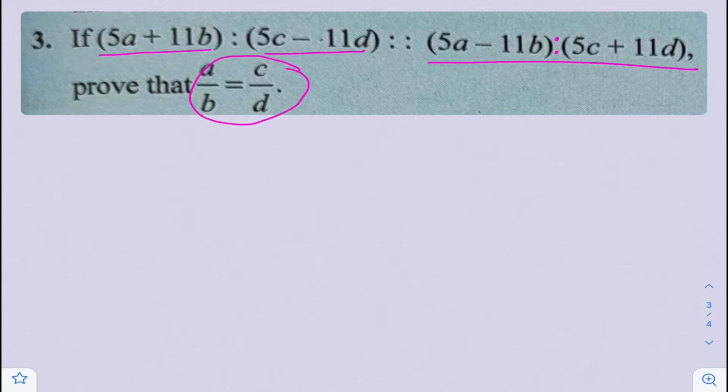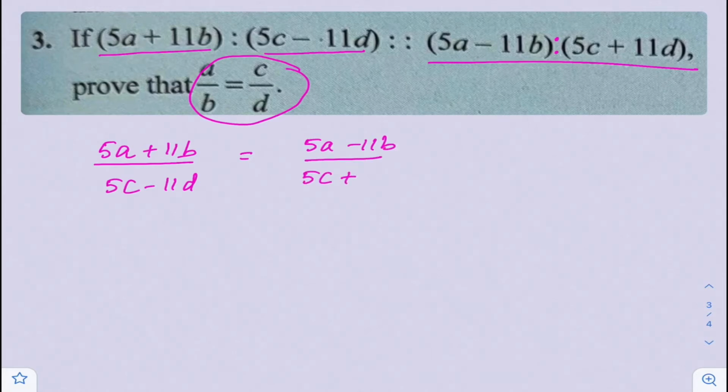So we are going to apply the same rule, that is componendo and dividendo. First of all, write the question. This is given to us: 5c minus 11d upon 5c plus 11d equals 5a minus 11b upon 5a plus 11b.